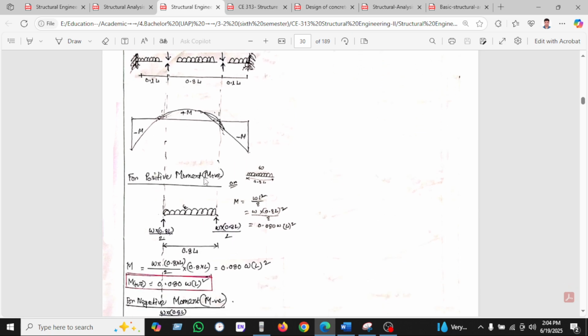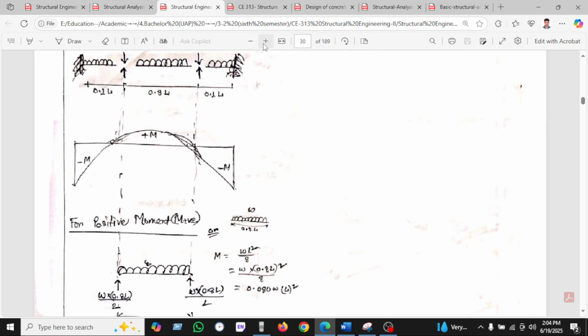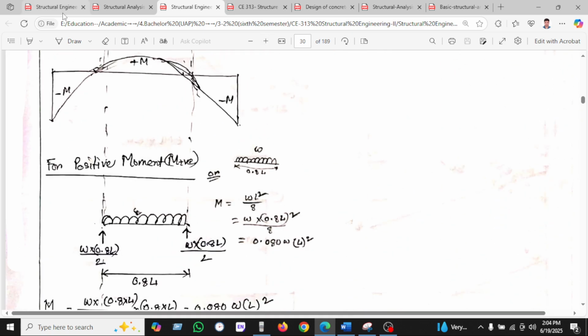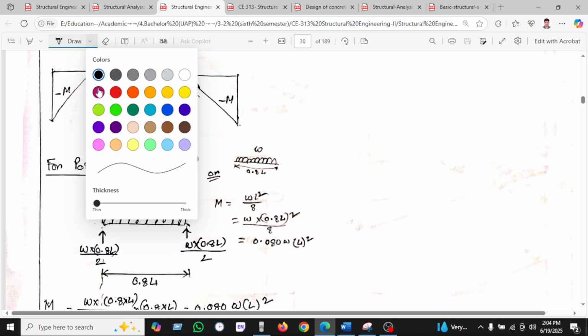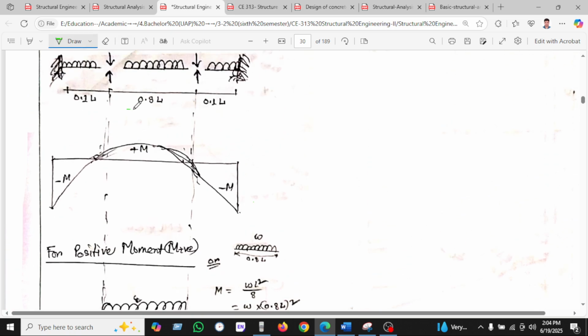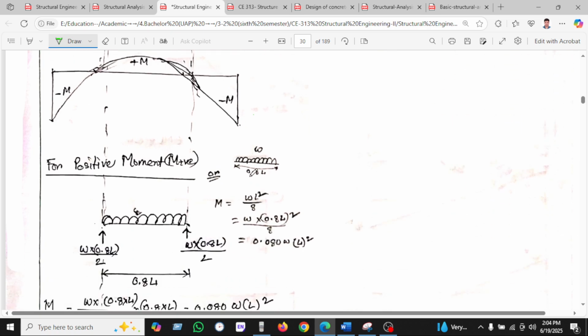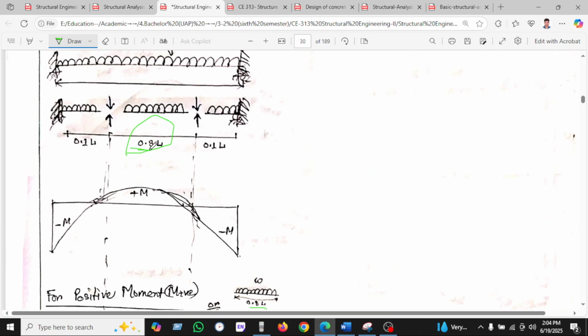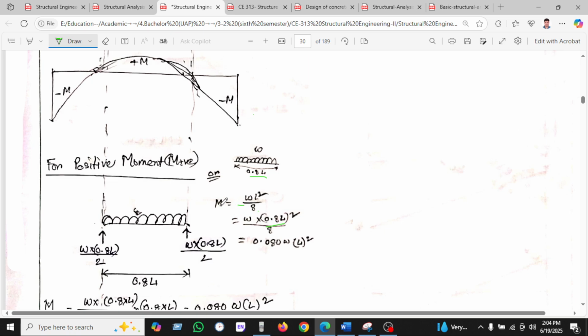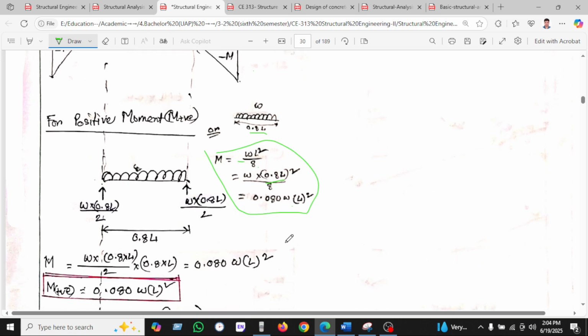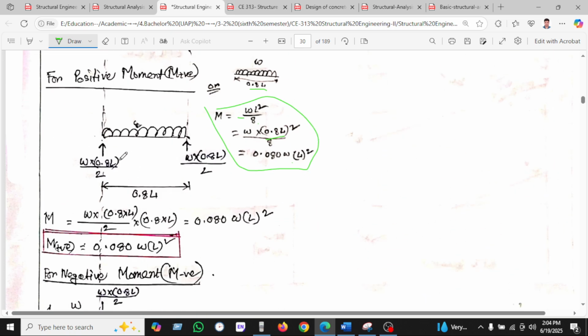Taking the positive moment, if we take only this part, 0.8 L, then the moment wL square by 8, where L is 0.8 L, we find the positive moment is 0.08 L square. But we can use another formula from this figure.